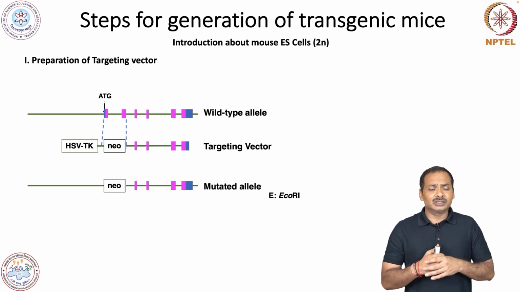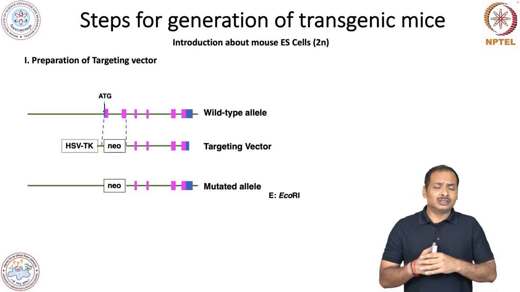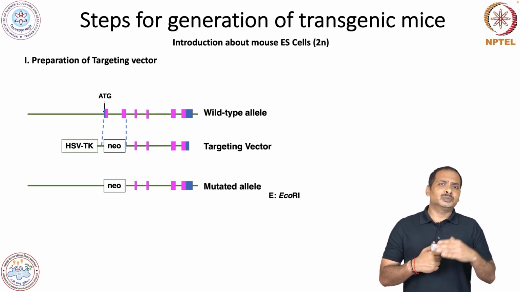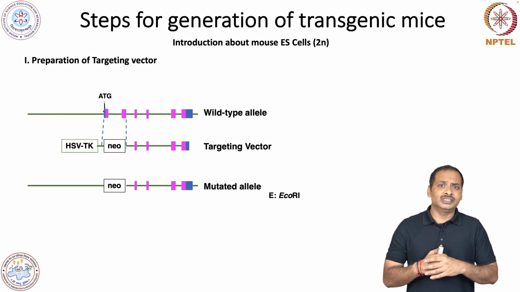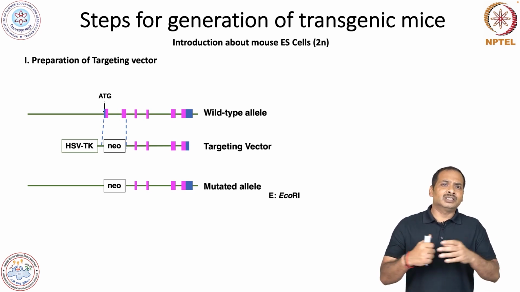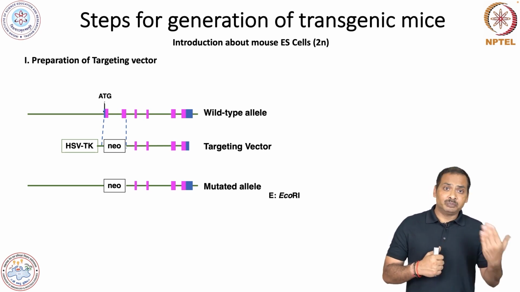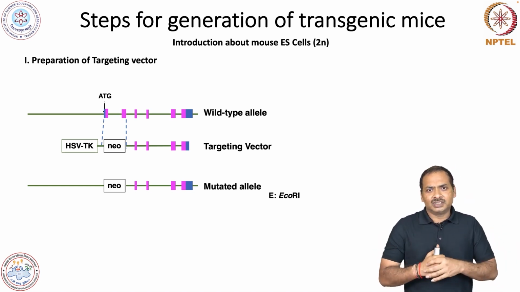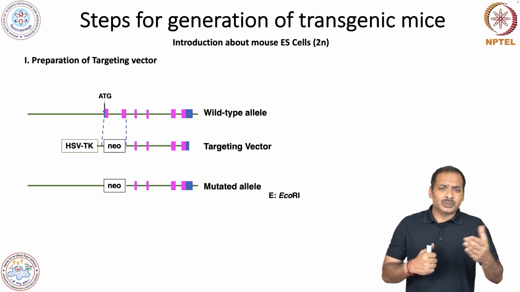So, this is a genomic arrangement of the gene. Gene means, you know, that a gene is basically on the DNA. It is present in the form of exons and introns, and there are some other elements such as 5' UTR and 3' UTR. So these are the components of the gene, present on the DNA.